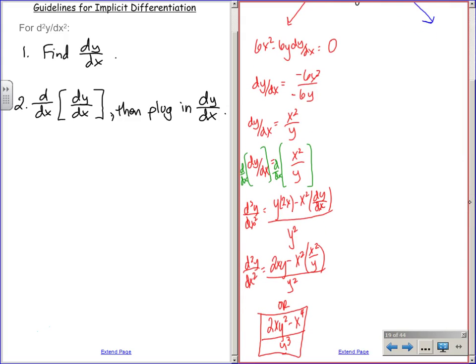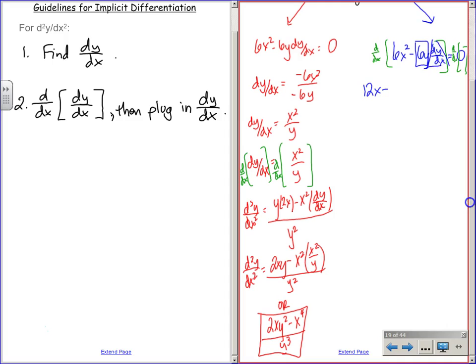So what do I mean by the other variation? The other variation would say, instead of getting dy dx by itself, instead of getting all the way down to here, couldn't you technically do d dx right now? That would give me a 12x minus, what would I have to do here? Product rule.